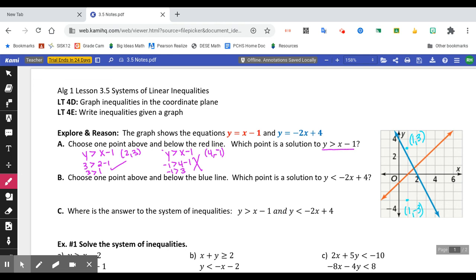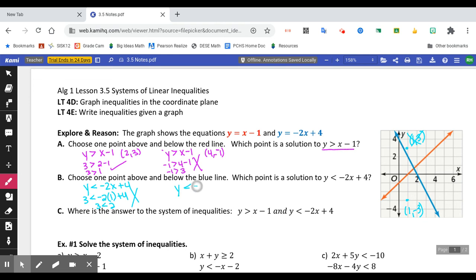Okay, so again, if we pick that, we have y is less than -2x plus 4. If I pick 1, 3, we've got 3 is less than -2 times 1 plus 4. This would be -2 plus 4, which is 2. So 3 is less than 2. So that one is a no. Okay, that would be out.